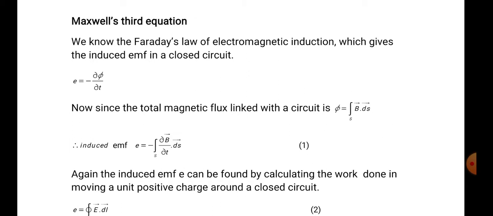Now the total magnetic flux linked with the circuit, phi, is equal to the surface integration of B bar dot ds bar. So the induced EMF is E equals minus surface integration of del B by del t dot ds bar, and this is equation number 1.